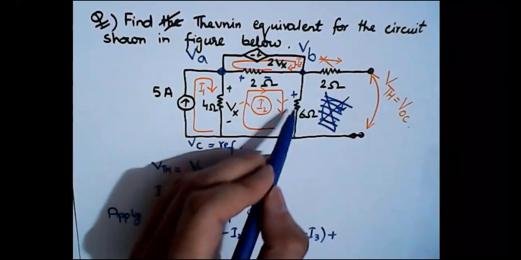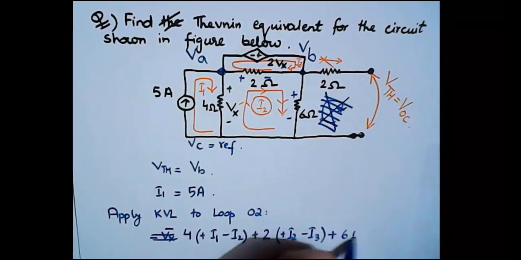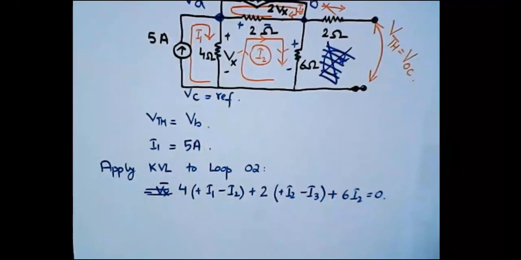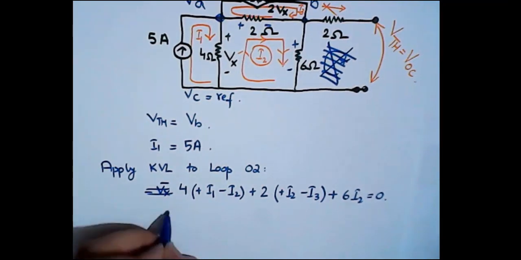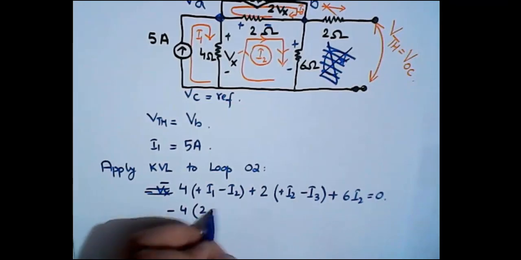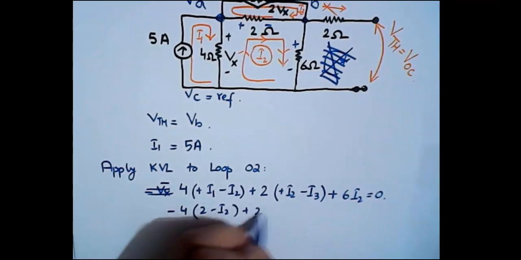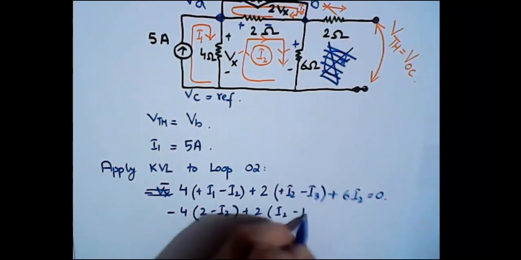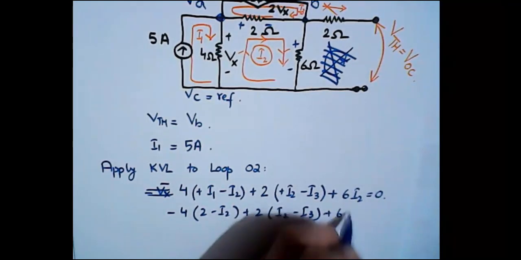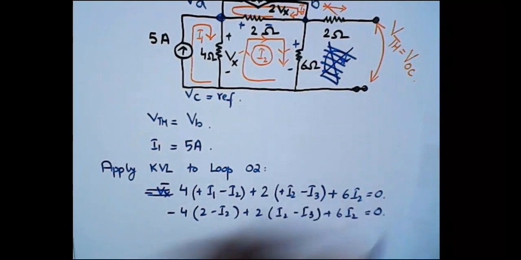So this 6 ohm resistance only has one current, plus 6 I2 is equal to 0. Now let me rearrange the equation. We know that I1 is equal to 2 ohms from 2 minus I2, plus 2 I2 minus I3, plus 6 times of I2 is equal to 0, right?